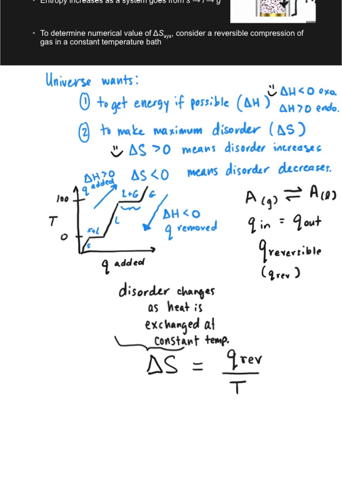For a constant temperature process, the entropy of a process, or a change in order of a process, is given as heat exchanged, reversible Q, divided by temperature. Therefore, units of delta S, units of entropy, will be joules per Kelvin or joules per mole per Kelvin.